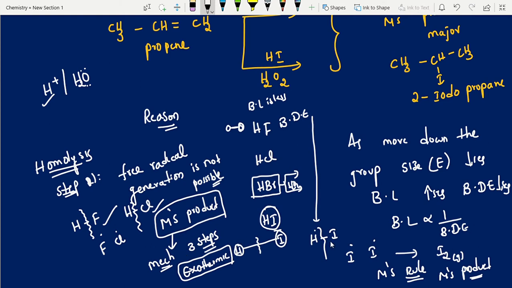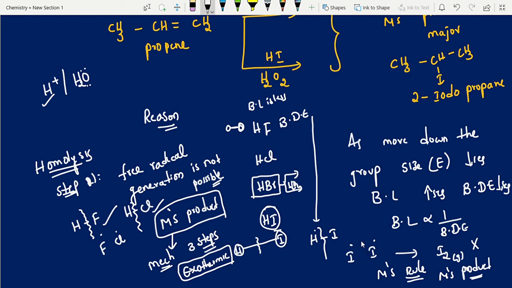Next, in the HI case, generation is possible but highly reactive. Because of high reactivity, it converts into the iodine state, which is not useful in the reaction. Only the iodine free radical state is useful. It is not there, so further steps do not occur, and it does not give the anti-Markovnikov product. Finally, it goes to the Markovnikov product only. This is the reason, students.